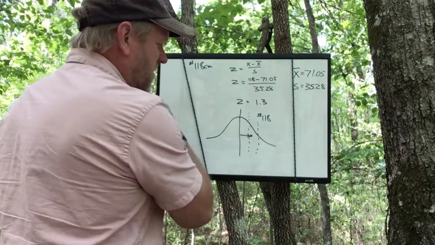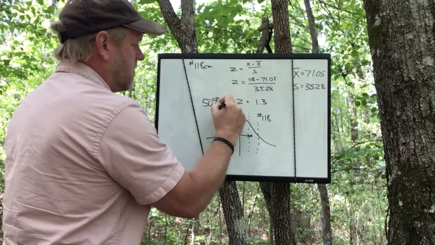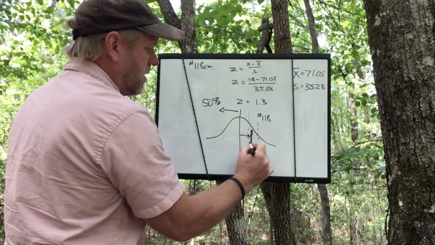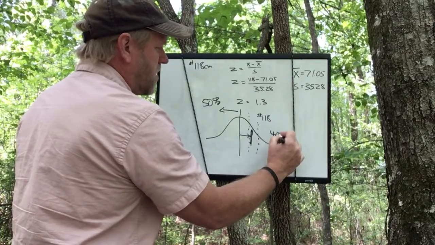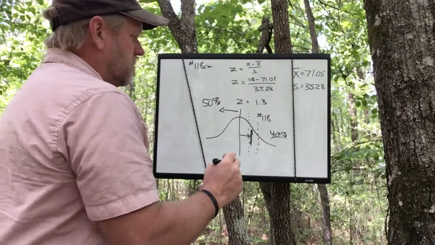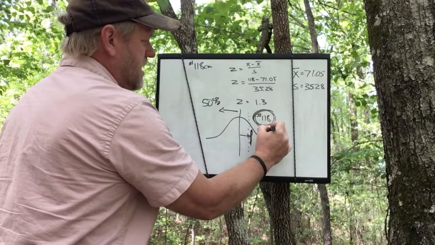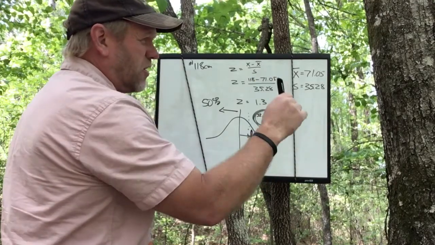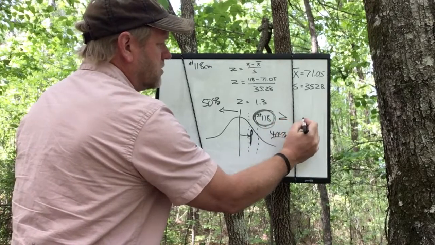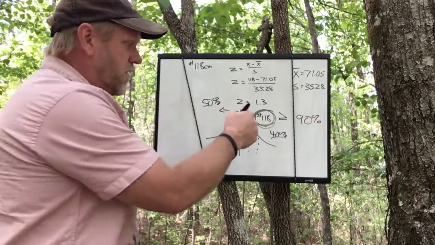What that means is if this is 50% of the data, over to that spot would be about 40% of the data. If I add those two together, that tells me that tree 118 is greater than or equal to 90% of the trees on my property. And that's what that number tells us.